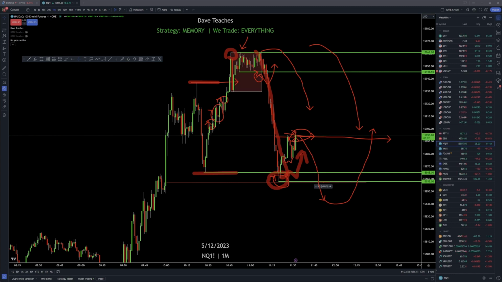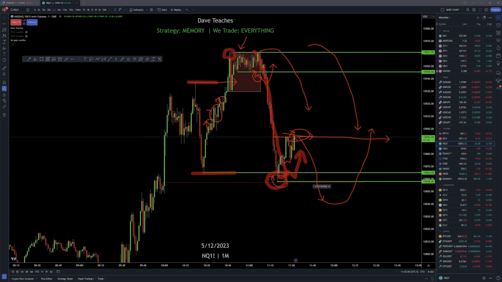While I'm encouraging you guys to look the other way for a short back into this area, other people are looking to go further than this. And why do you think these are always the areas where people blow their account?